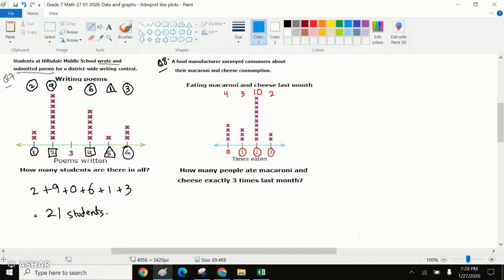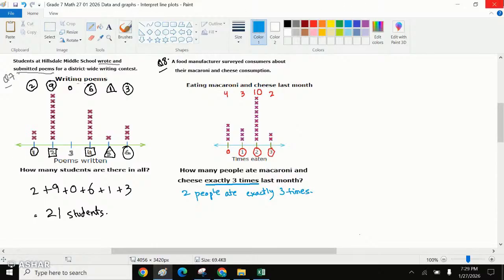And they're asking, how many people ate macaroni and cheese exactly 3 times? Not more than 3. Oh, yes. Thank you, Prem. We say 2 people ate exactly 3 times. Okay. Thank you, Prem.